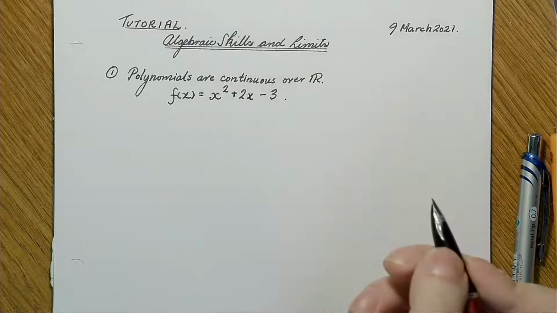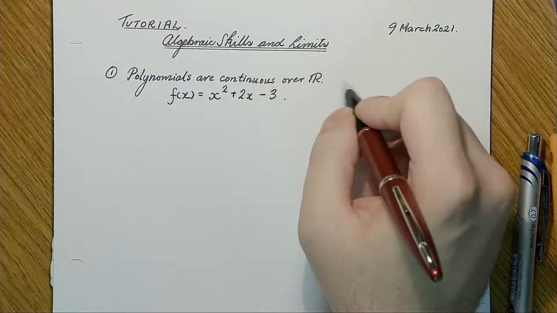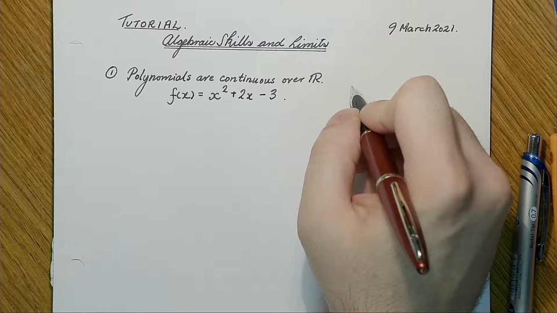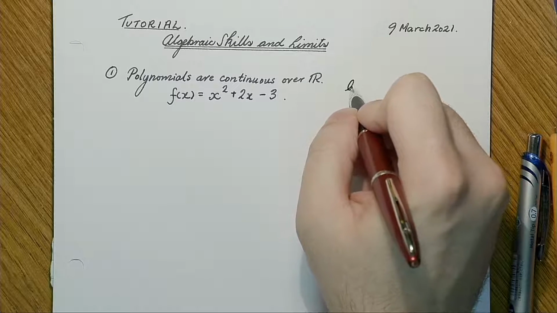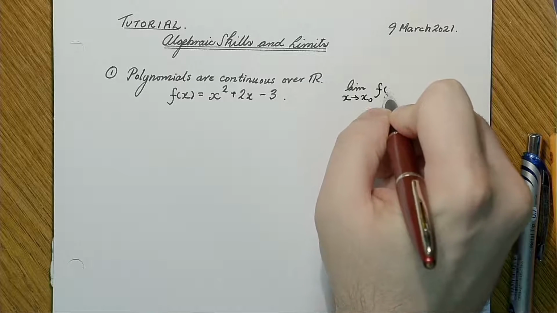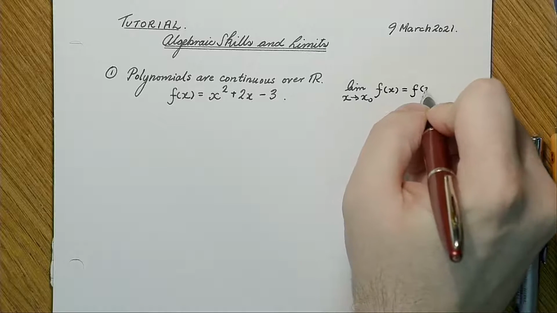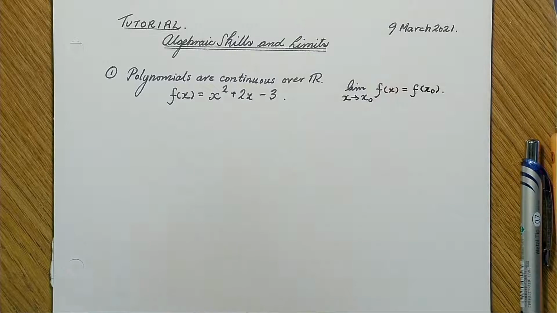And we also remember what the point of continuity is. So we said that a function is continuous at a point x naught if the limit of that function actually equals that value. So that's something that we had seen previously.